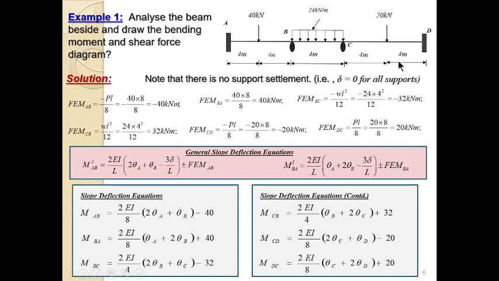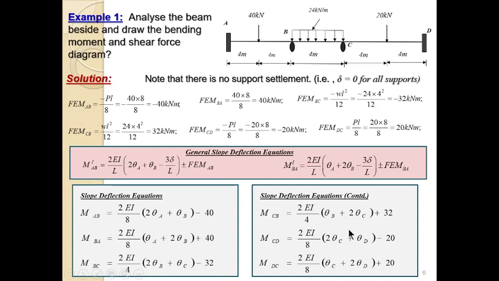MC going to D is the same 2EI over L, because we are at joint C. So theta C is multiplied by 2 plus theta D, and the fixed end moment is minus 20. And we do the same for the support moment at D.